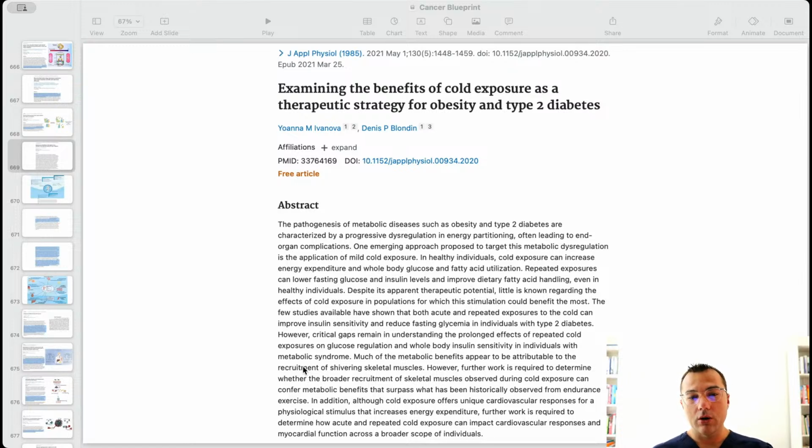So therefore, they want to know, number one, are there any additional mechanisms that can help elucidate why there are these blood glucose lowering, insulin improving responses in these either healthy or diabetic patients. And basically, is there any benefit to cold over just normal exercise? And I think those are good questions to ask.